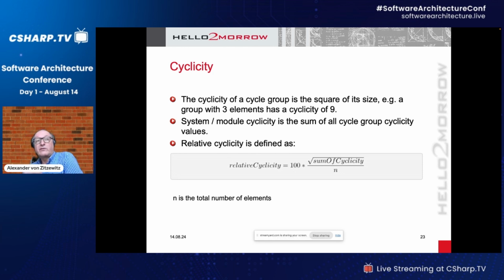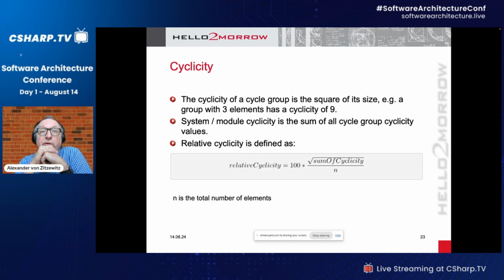So why is this metric useful, you might think? I can give you an example. Now let's make a little thought experiment here. Please follow me in your head. Let's assume we have a system with 100 source files. And the first one is using the second one, which is using the third one, and so on until we get to number 100, which is again using the first one. So in our head, we should have a big cycle having 100 nodes.